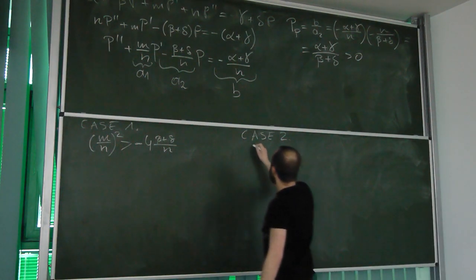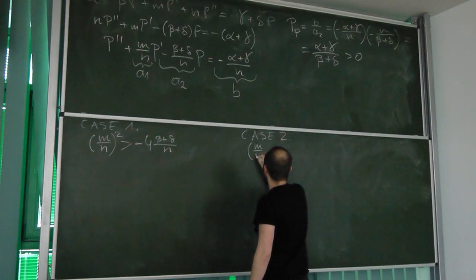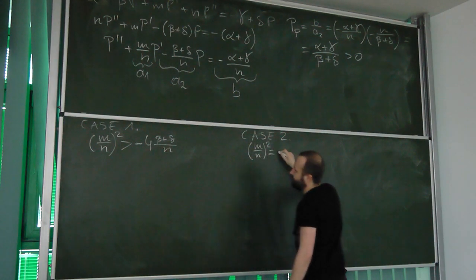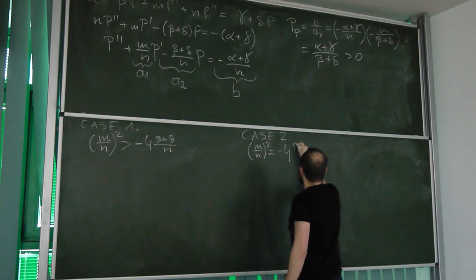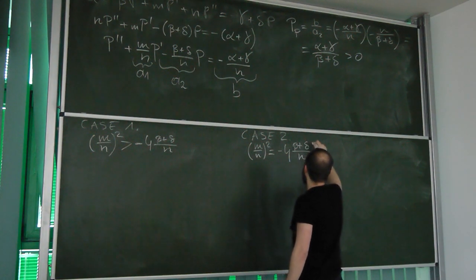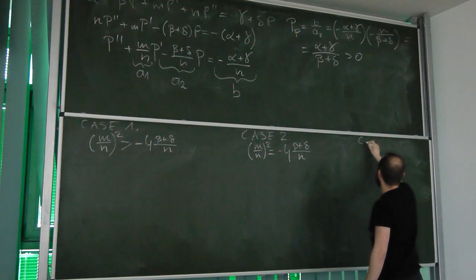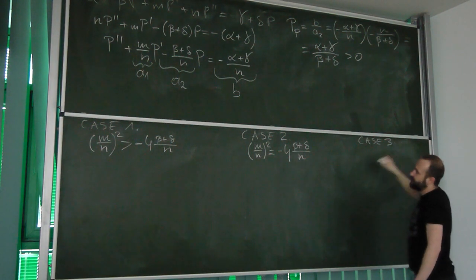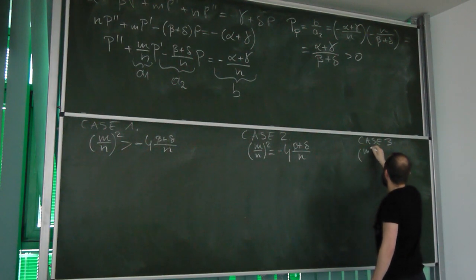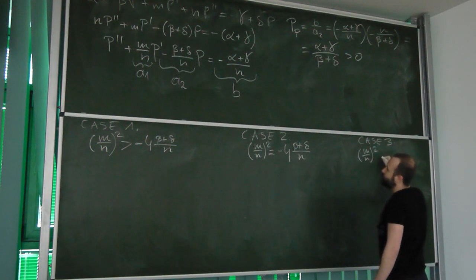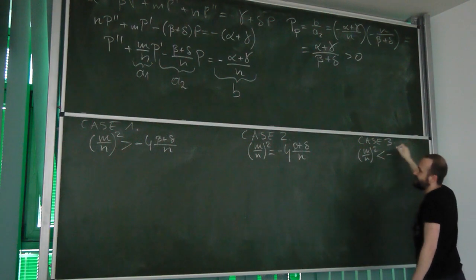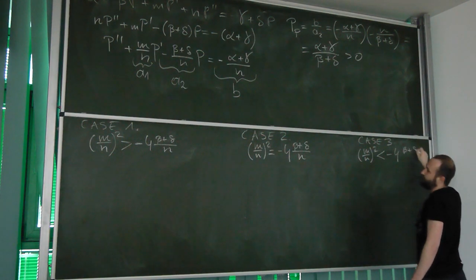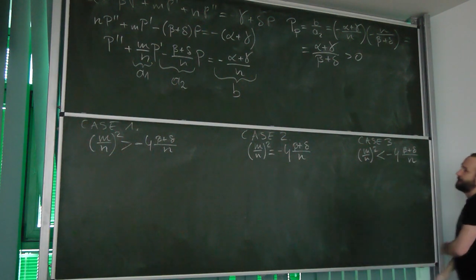This one takes place if m over n squared is exactly equal to negative 4 times beta plus delta over n. And finally, case 3, the case of complex roots, takes place if m over n squared is smaller than negative 4 times beta plus delta over n.